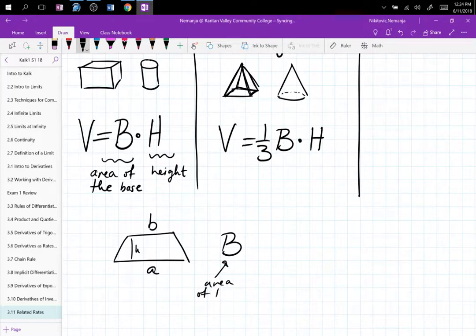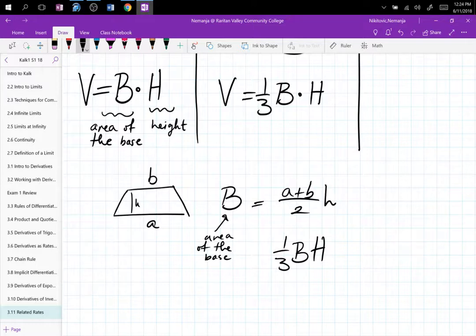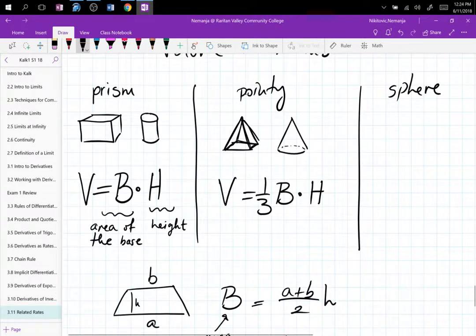Area of the base is (A plus B) divided by 2 times the height of the base. And then if it's a pyramid object, it will be 1/3 base times the capital height to come up with this thing, right?